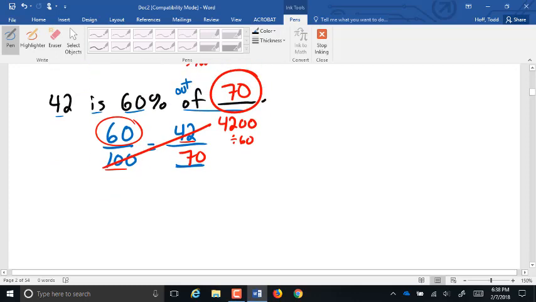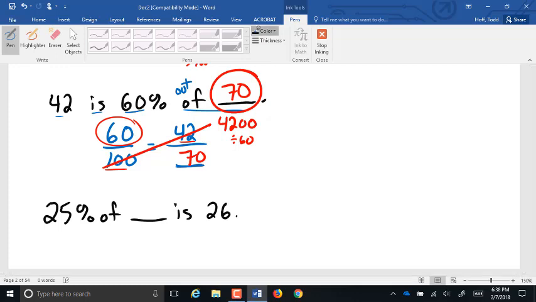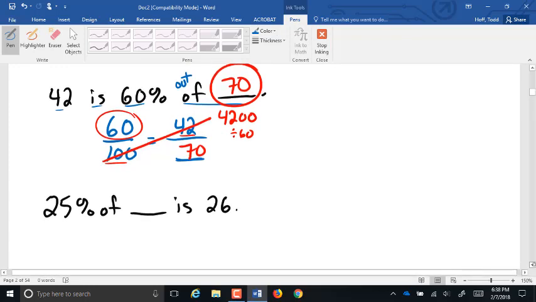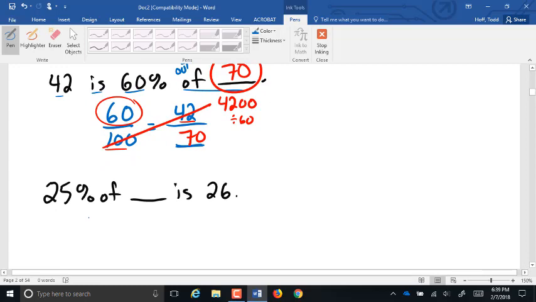We might have 25% of blank is 26. Again, we start with a percent. 25% is 25 out of 100.